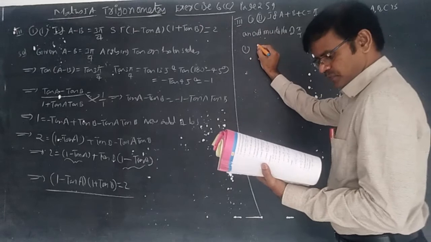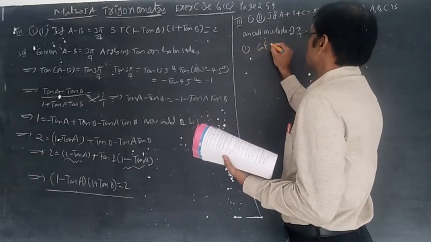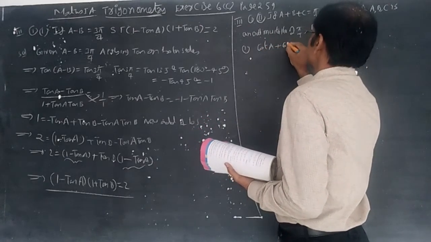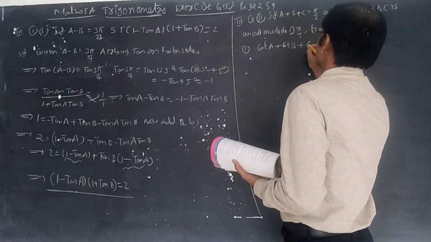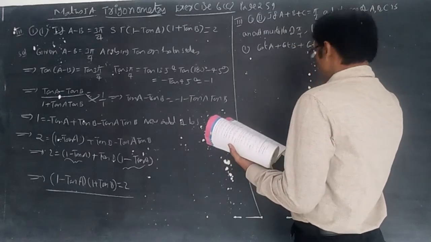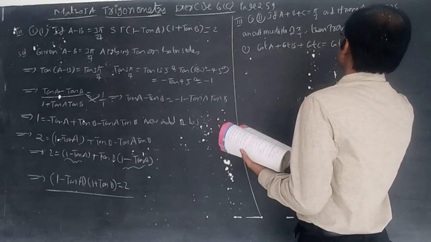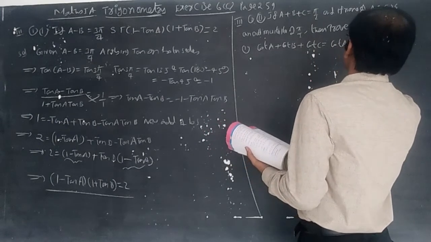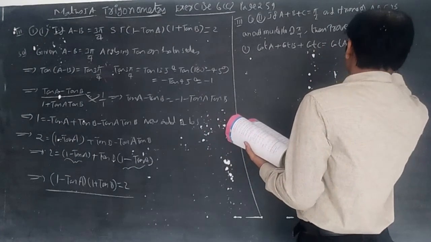First one, cot a plus cot b plus cot c is equal to cot a cot b cot c.